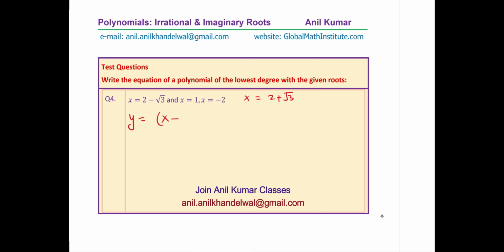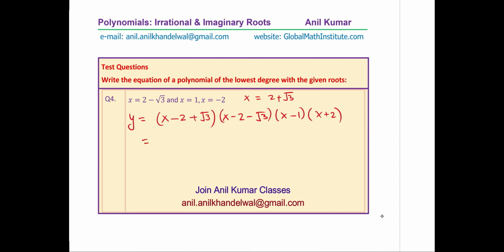So we have x minus 2 plus square root 3 times x minus 2 minus square root 3, because both the roots will exist. And then we have x plus 1 and x minus 2. So for x plus 1, we have x minus 1, and for x minus 2, we have x plus 2 as the other root, correct? You get the idea. So that is how you have to do it.